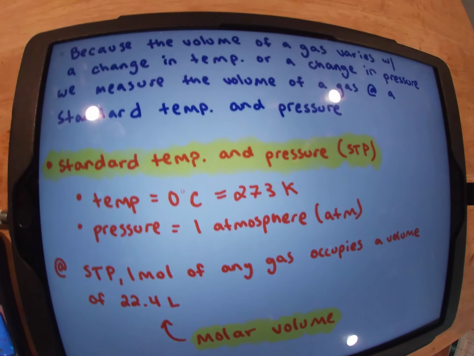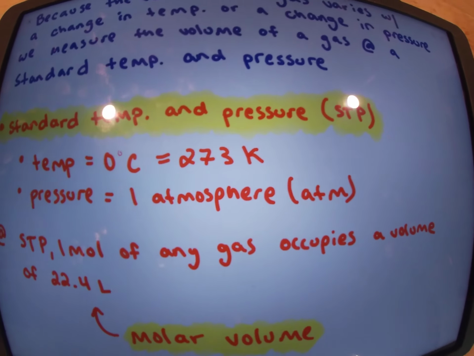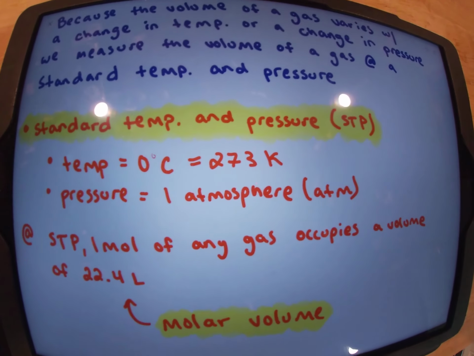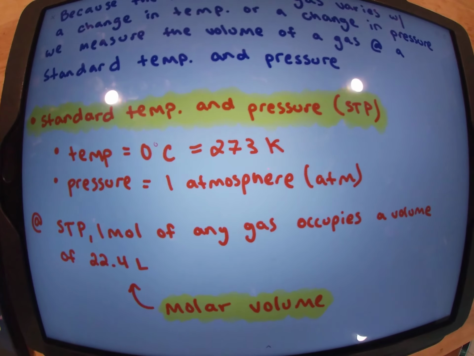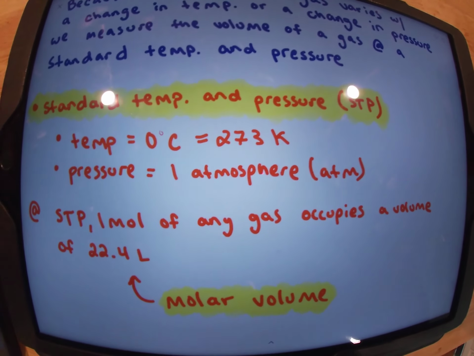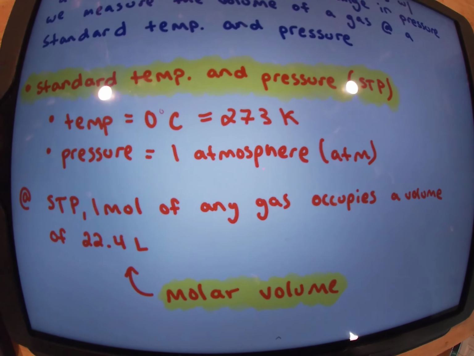So the values are the following. We call those standard temperature and pressure, also known as STP. Anytime that you see that term STP, we're talking about a standard temperature and a standard pressure, something that we can all agree on, and those numbers remain constant so that our volume stays constant.